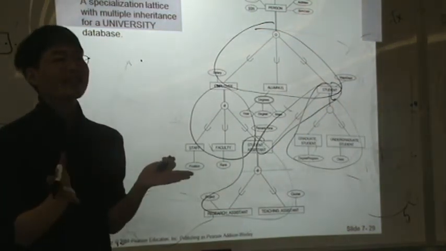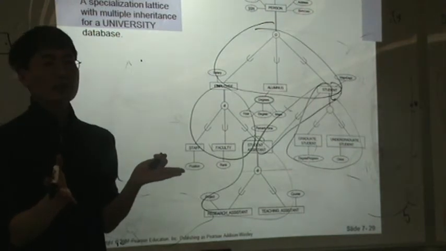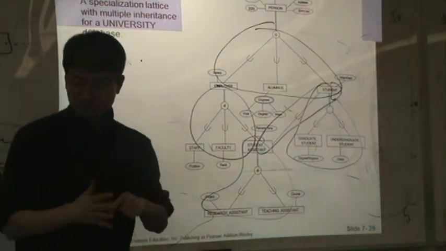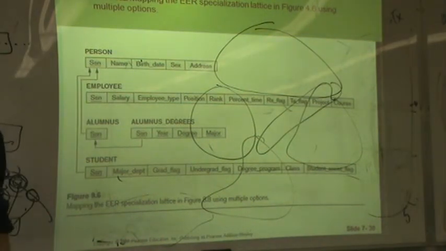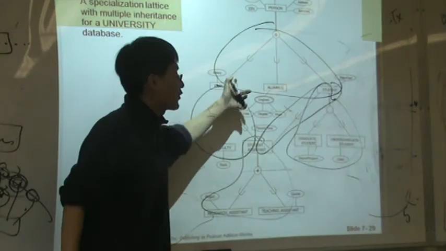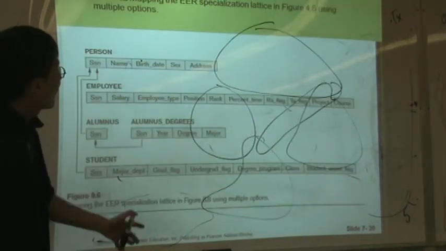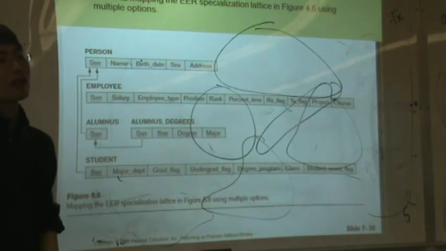For each, we need to select the option. So your homework is, this is one of the examples. Okay? You need to decide which options are used to convert that one into a relational model, relational schema.